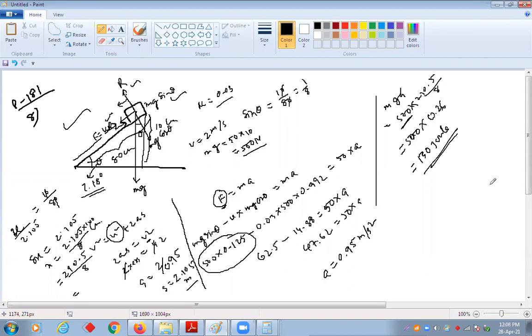Yes, 2.105, that is the answer we got. Look here. Part c is 131 joule, and we got 130 joules.